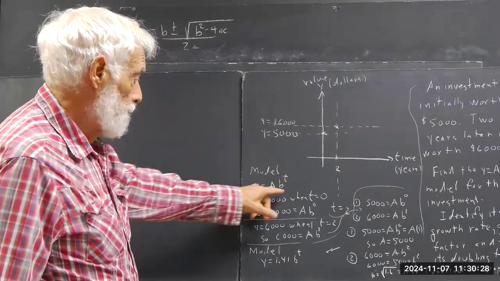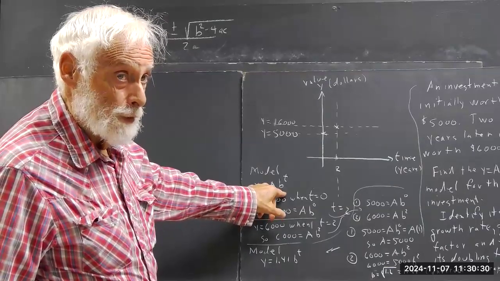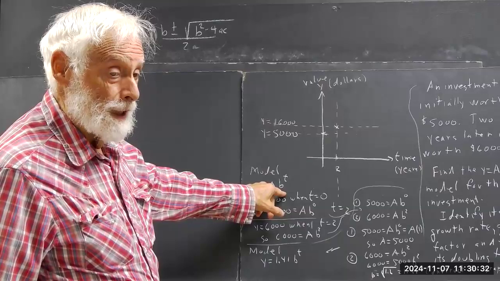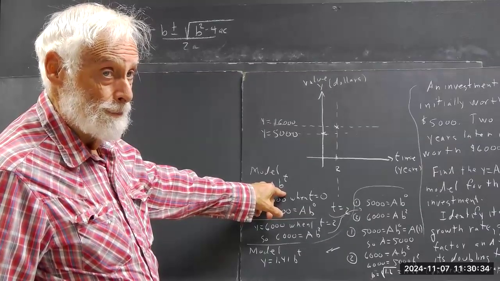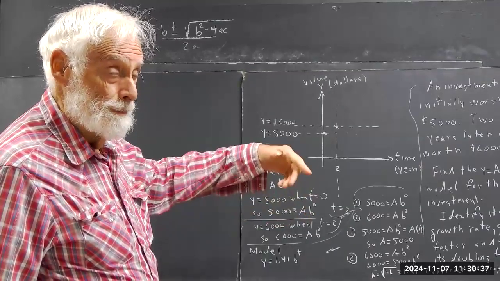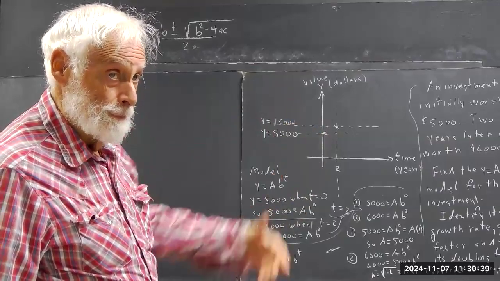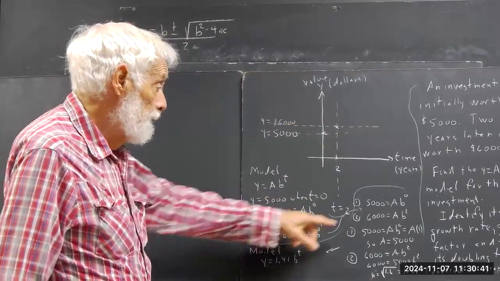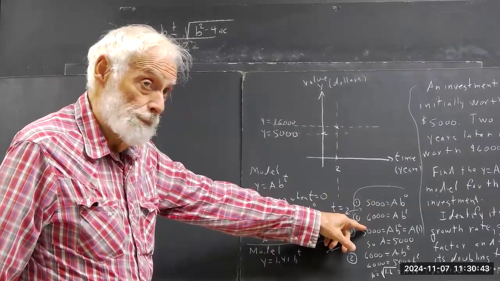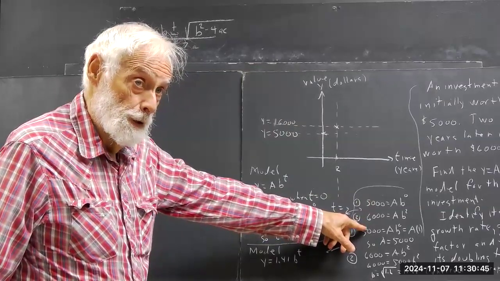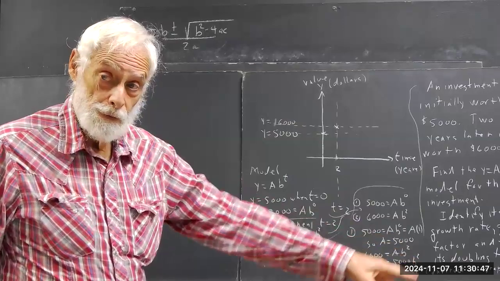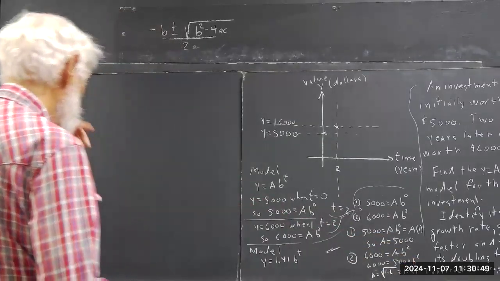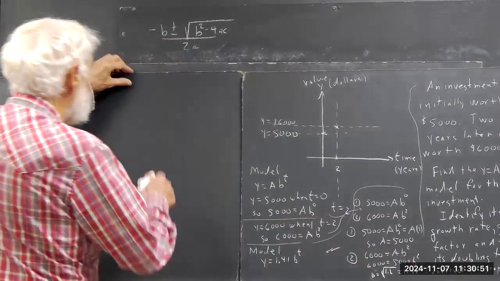Well, one is it always has this model, or the model could be A e to the KT, or A times 2 to the KT. But this is the easy one to solve. You're going to use the simultaneous equations, as I said, because it doesn't involve the logarithm. Of course, I'm repeating that.